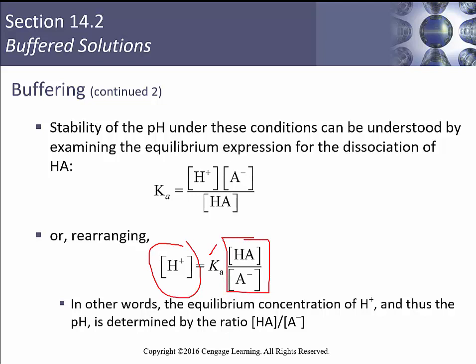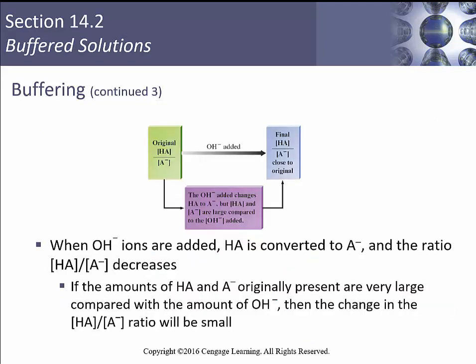In other words, the equilibrium concentration of H plus, and thus the pH, is going to be determined by the ratio of our conjugate weak acid to our conjugate weak base. When we add OH minus ions, the HA is converted into A minus, so our original pH is going to be controlled by this ratio of HA and A minus. We're going to add some hydroxide and lose a little bit. This concentration is going to go down, and this concentration is going to go up.